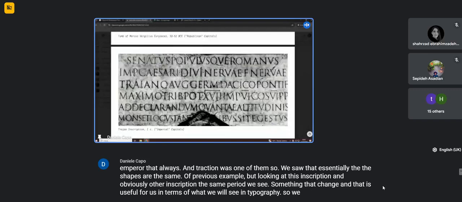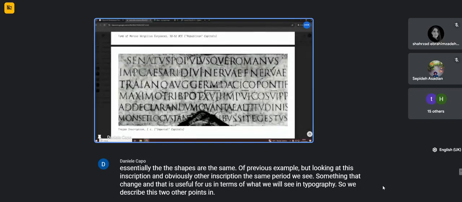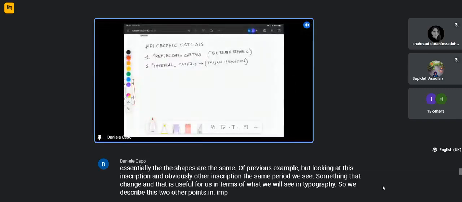So we described these two other points in imperial capitals as contrast and serifs.